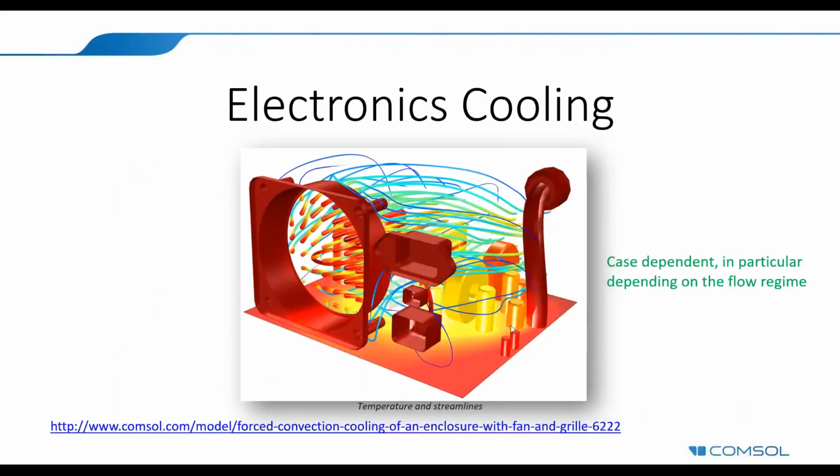Okay, and one example that is very interesting because you don't have a simple answer is electronic cooling. In electronic cooling applications, there are some where you really have to account for radiation, and others where you can skip this part of the model and still get accurate temperature distribution. To answer more accurately, you need to consider the type of cooling.